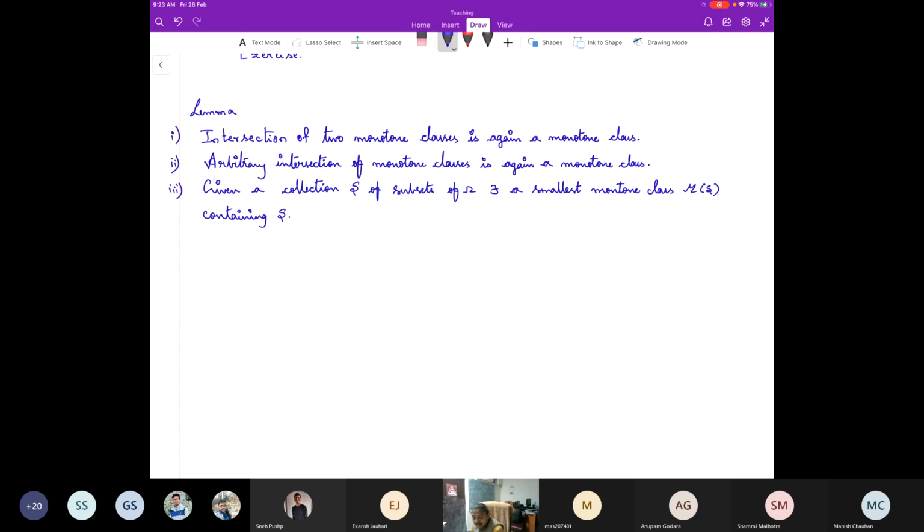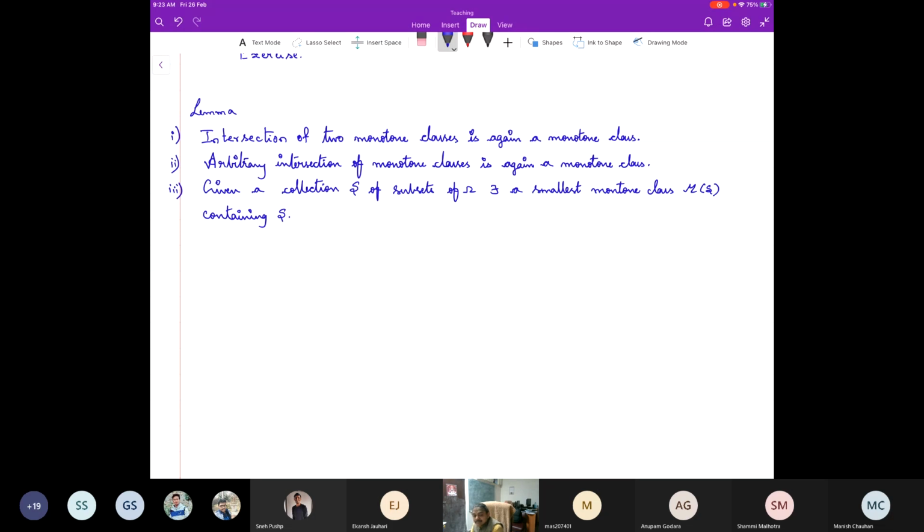First, does there exist at least one monotone class containing S? Sir, that will be the smallest sigma algebra itself. Exactly right, the sigma algebra itself. And then how to produce the smallest?